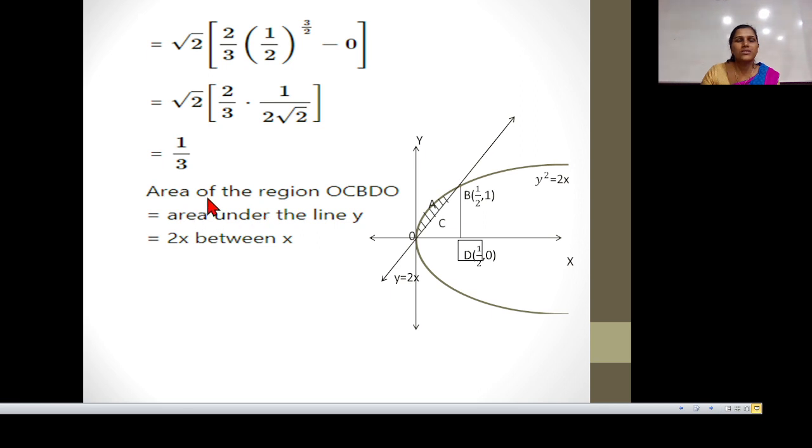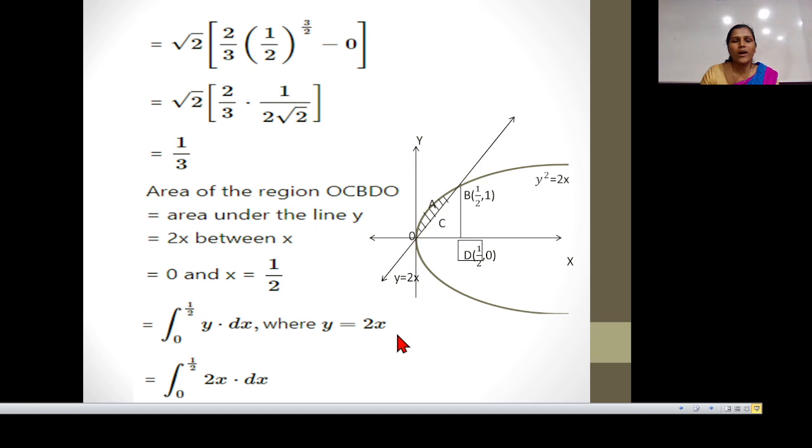Now we will find the second value, that is the area of the region OCBDO. This area is the area under the line y is equal to 2x between x is equal to 0 and x is equal to 1 by 2. So we will integrate y from 0 to 1 by 2, where y is equal to 2x.